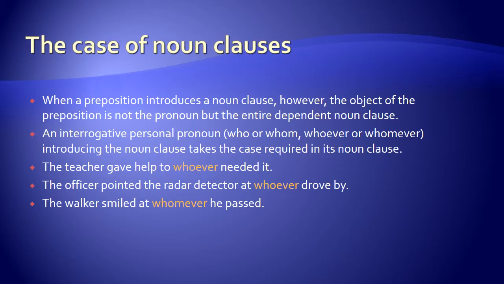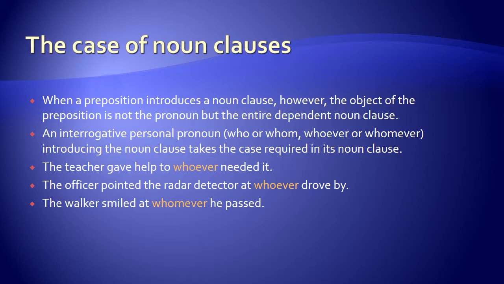Well, the case of noun clauses. When a preposition introduces a noun clause, however, the object of the preposition is not the pronoun, but the entire dependent noun clause. So this is an important but tricky qualification. An interrogative personal pronoun, who or whom, or whoever or whomever, introducing the noun clause takes the case required in its noun clause.